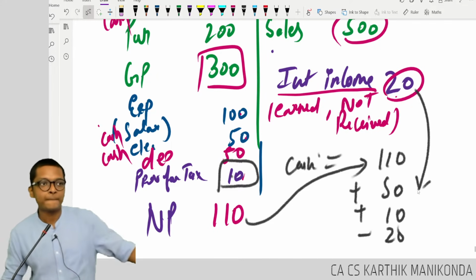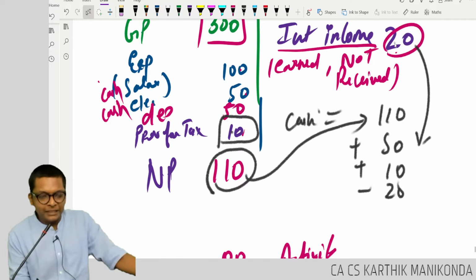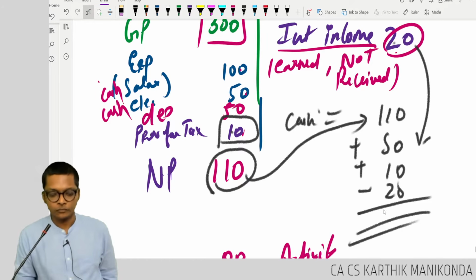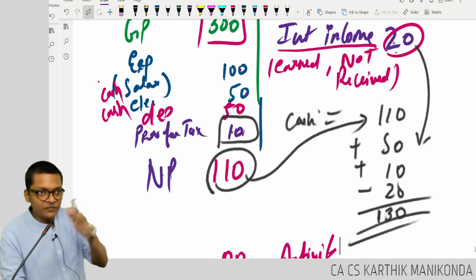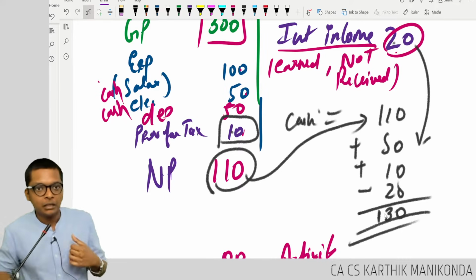Why minus? Because this profit includes a 20 which is not yet received. So it will become how much, guys? 130. You can't always have 150. Are you understanding, guys?